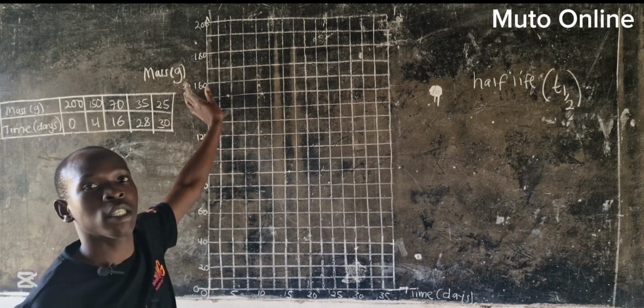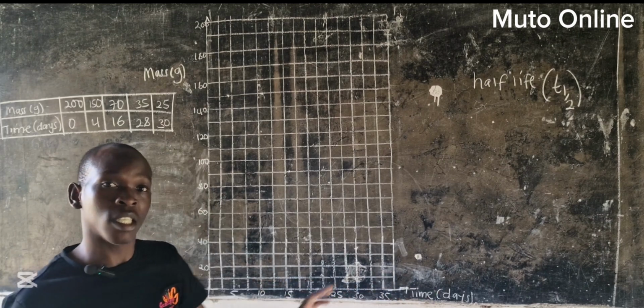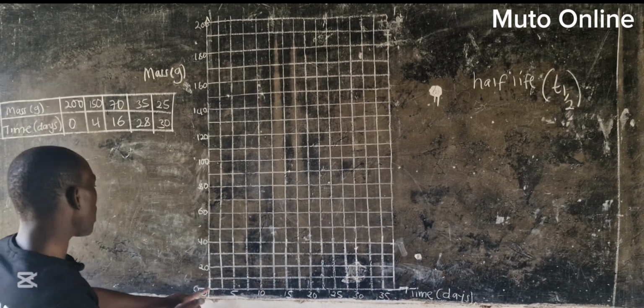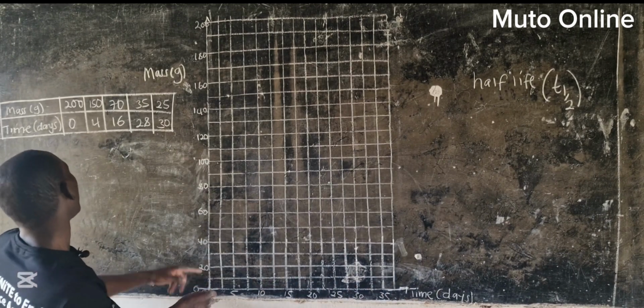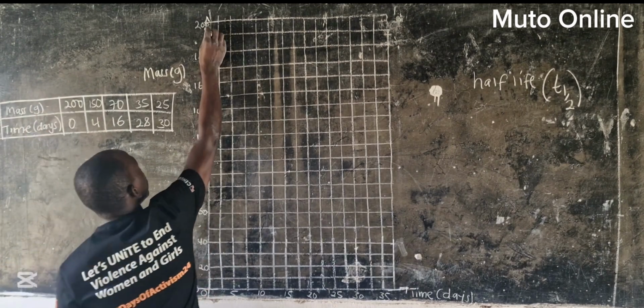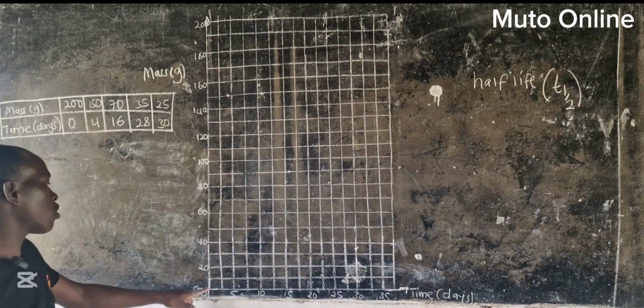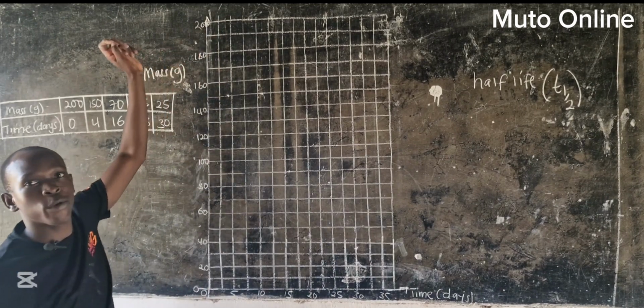So it is mass against time, but time is in days. When time was 0, the mass was the original, which is 200. So my 200 is here, and I can mark there.